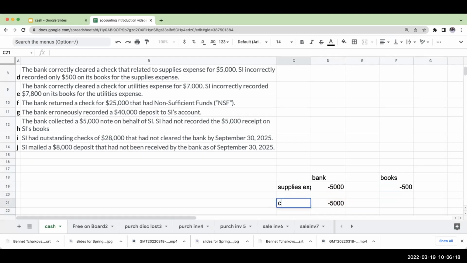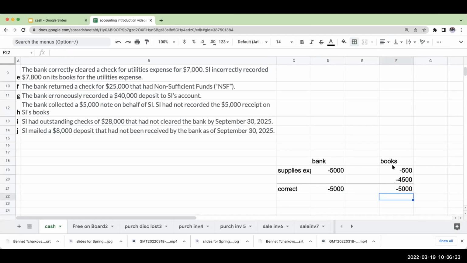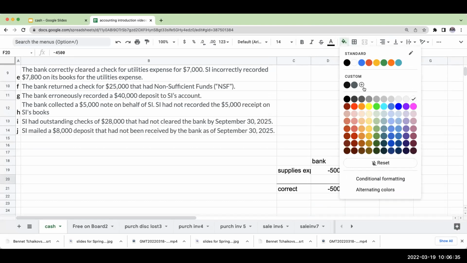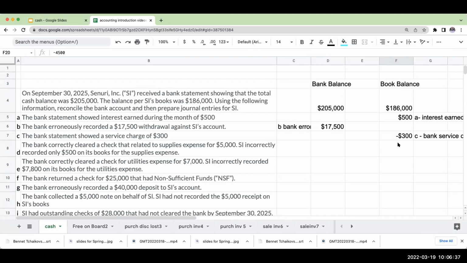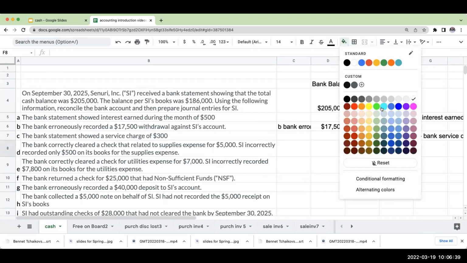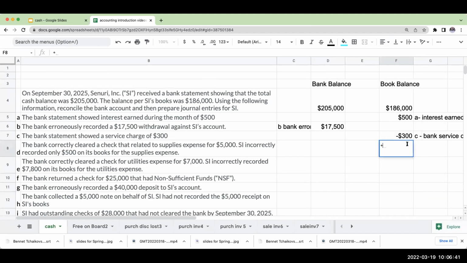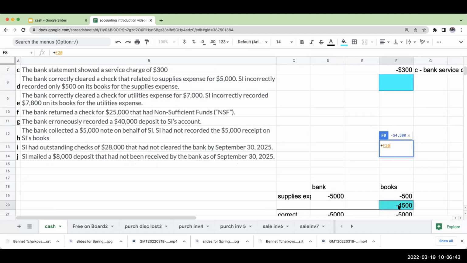Now, the correct amount is 5,000, right? That's the correct amount that should be showing over here for the correct balance. So if I have 500 on my books, I'm going to need another 4,500 to make that correct. So this is going to show as a $4,500 deduction on my book balance. So that's coming from right over here. So over here, book error.